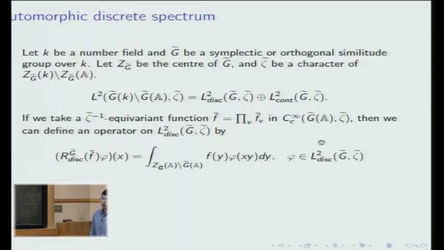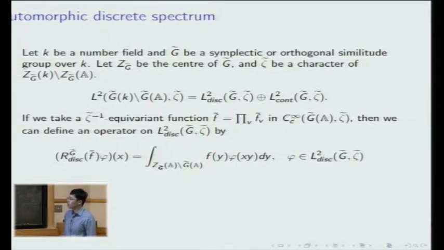So to talk about trace formula, we have to go to the global setup, so let K be a number field. And we want to just work out the trace formula for our theorem. So I'll take G tilde to be a symplectic or orthogonal similitude group, but these trace formulas are quite general, and they are true for all reductive groups.